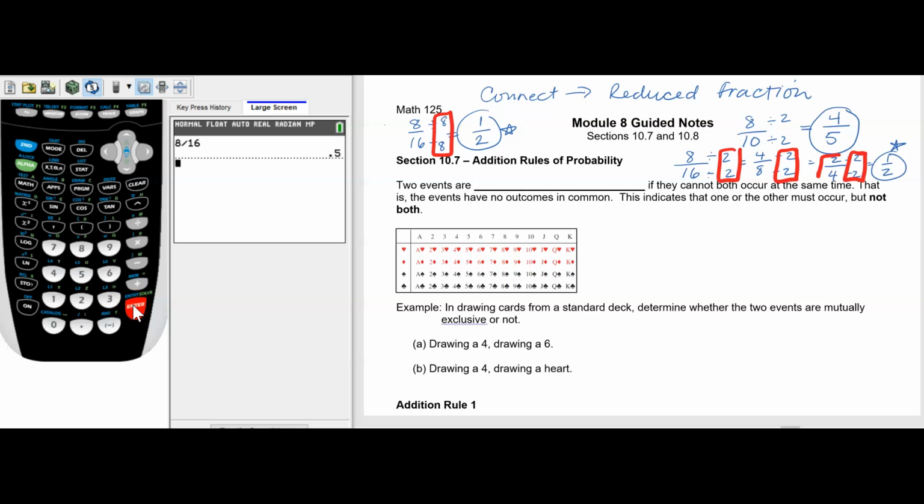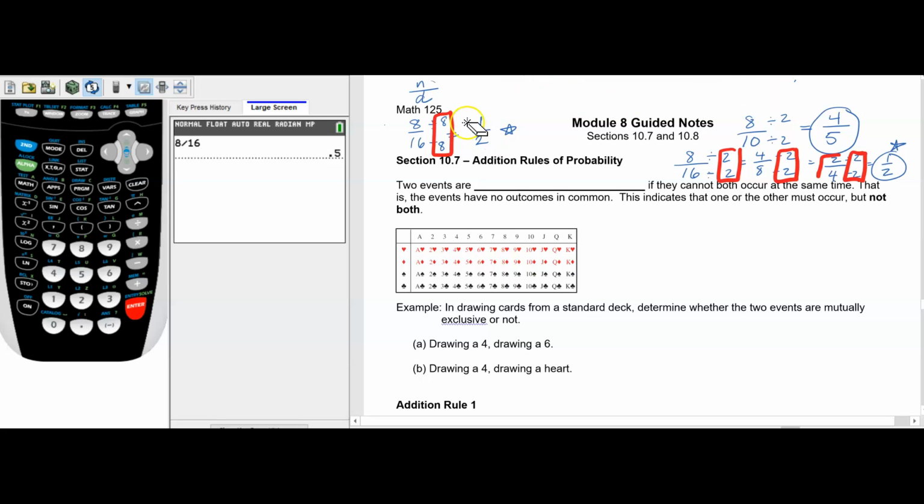Also, on the TI 30s and 34s, there's the N over D button, okay, and N stands for numerator, D stands for denominator, so you can press that button to enter in a fraction, and you can simplify by just pressing the simplify button, okay?